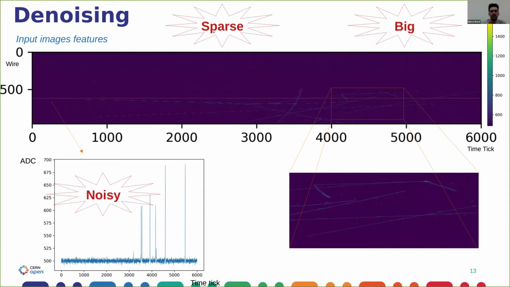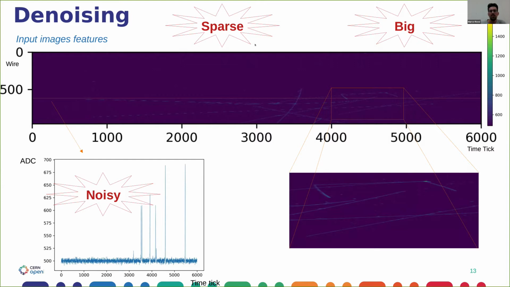We have these kind of features that we have noisy waveforms, as you can see here in the one-dimensional view. And also you can see from this picture that the images have sparse signals inside them, and also they are really big. They have 960 per 6,000 pixels each, so really big images.